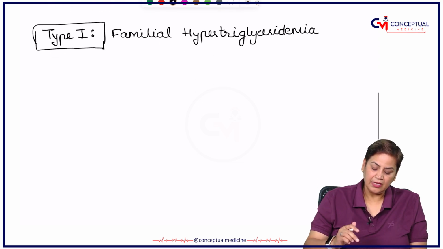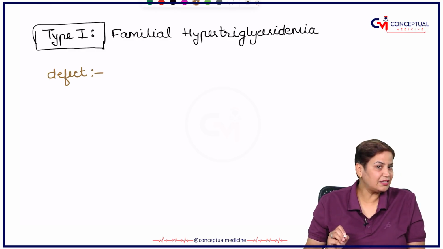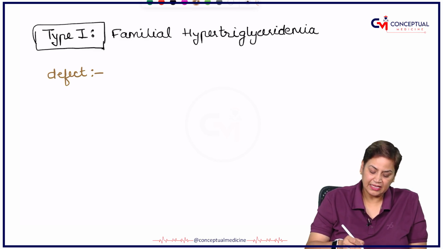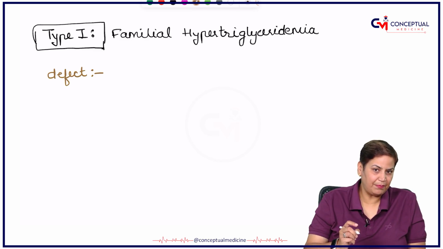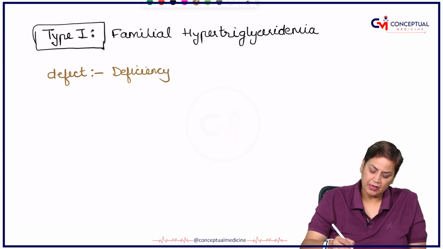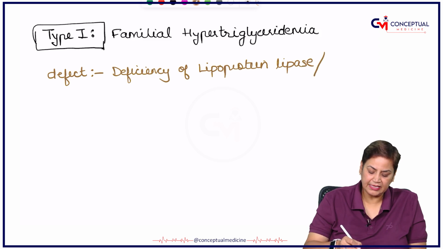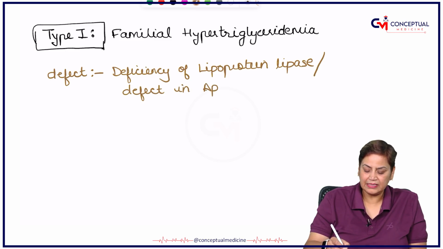Now see what happens. What is the reason for this defect? The reason for this defect is that either lipoprotein lipase enzyme is absent, that is, deficiency of lipoprotein lipase, or there is a defect in Apo C-II.